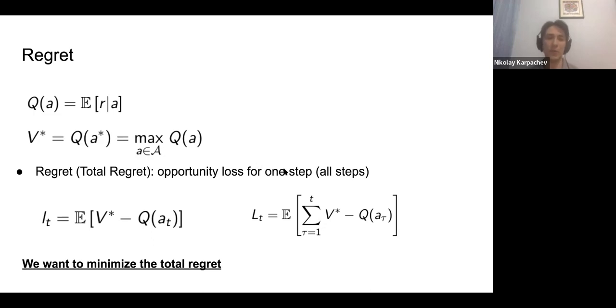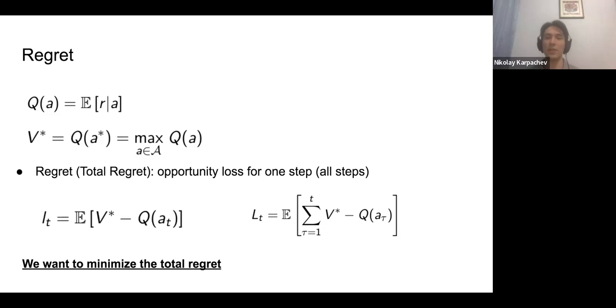And how do we estimate how good we are in estimating the quantity? So here, the main metric is called regret. So regret is how much money we lost in comparison to the ideal playing.